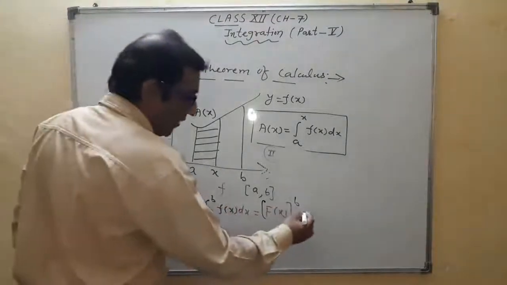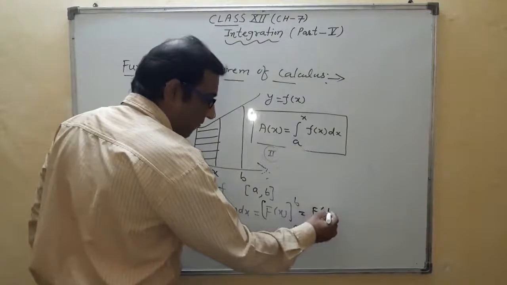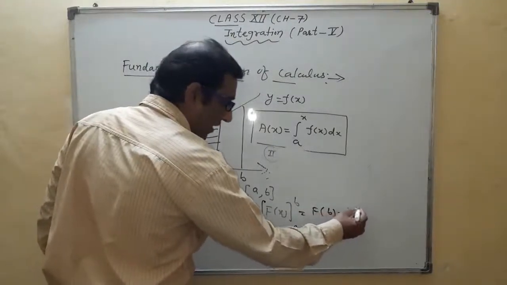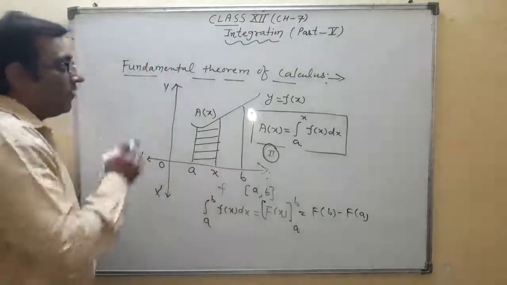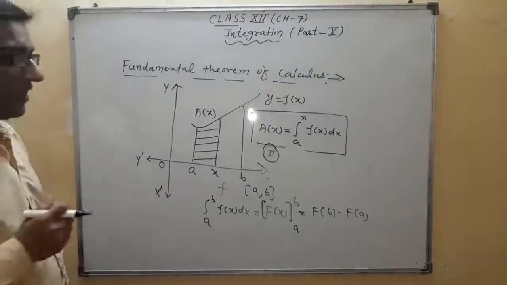Then the integral from a to b of f(x) dx equals capital F(x), where capital F is the antiderivative of f, evaluated from a to b. When we solve it, we get F(b) minus F(a). This concept is known as the second fundamental theorem of integral calculus.